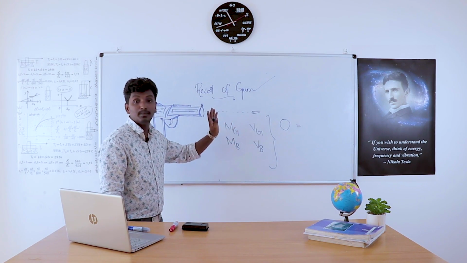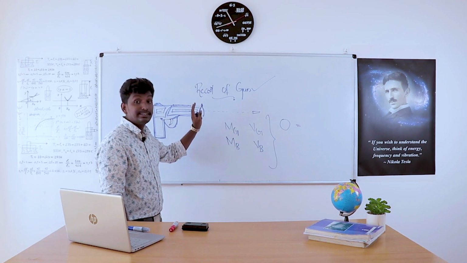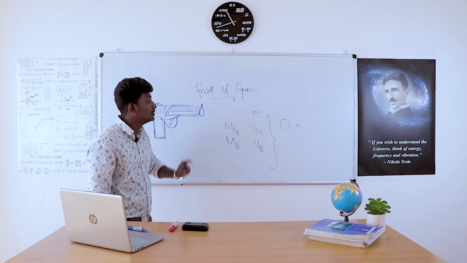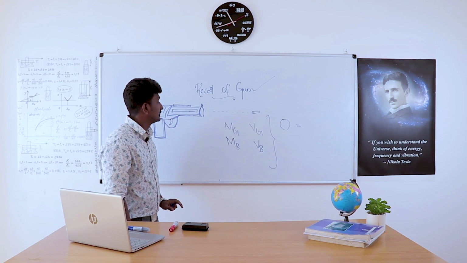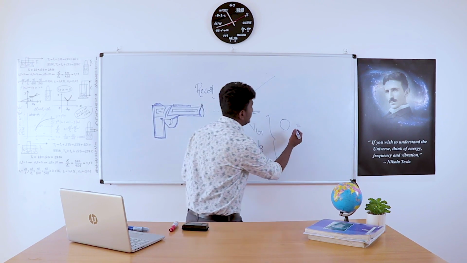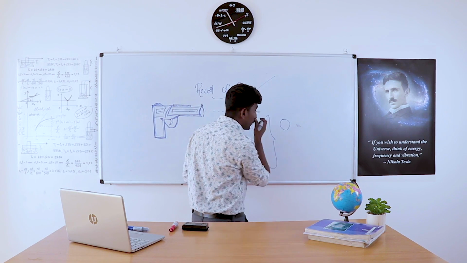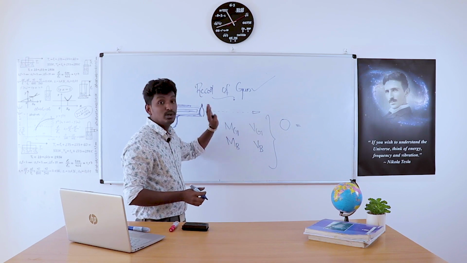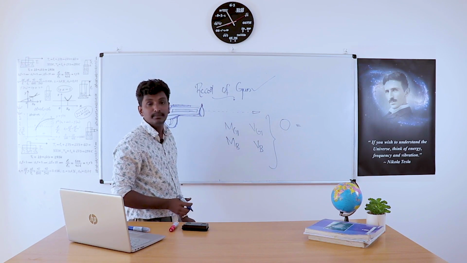Now, total momentum after firing. The bullet will move forward and the gun will move backward, and we can write the total momentum after firing as the momentum of the bullet plus the momentum of the gun.